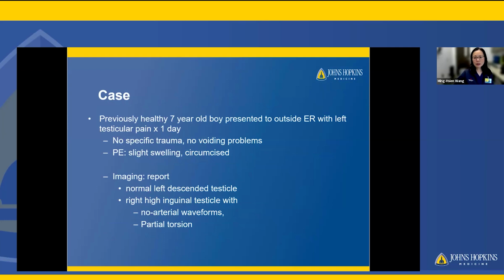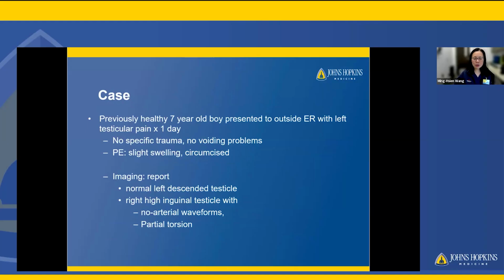All right, so let's go back to our initial case of that 7-year-old healthy boy who presented to the outside ER with 24 hours of left testicular pain without history of trauma, really no voiding problems. On exam, slightly swollen, but nothing really concerning.